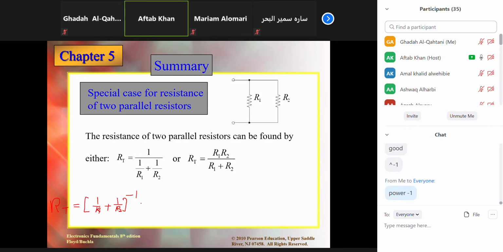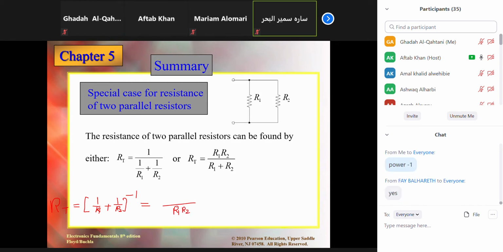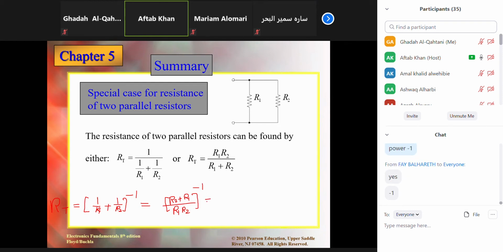If I take the LCM, the common factor, it is going to be R1, R2, correct? So what will we be getting over there? R2 plus R1, and what is that? Inverse.